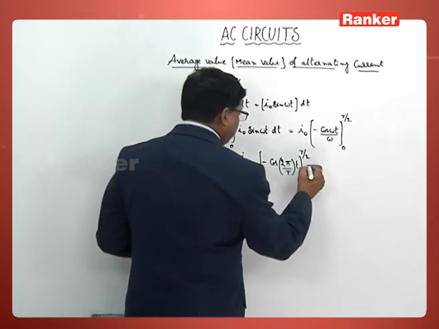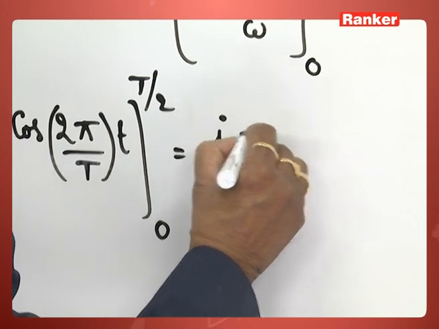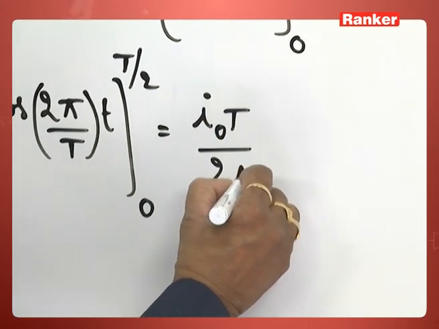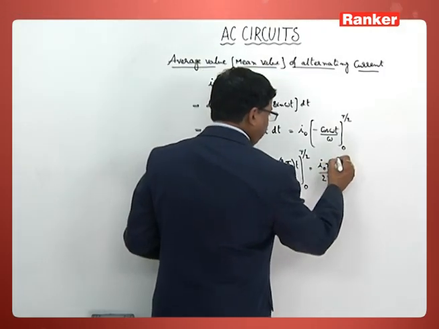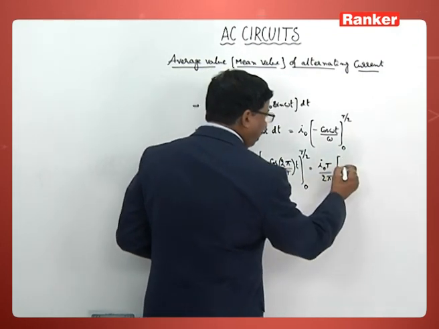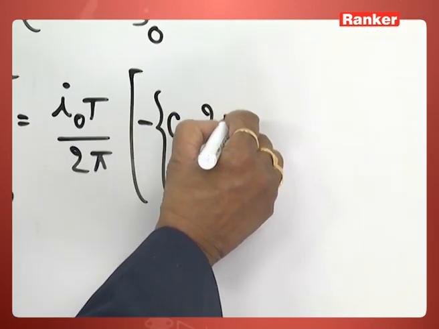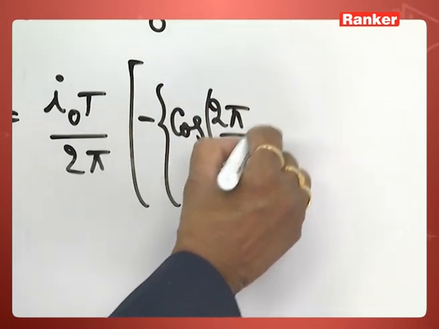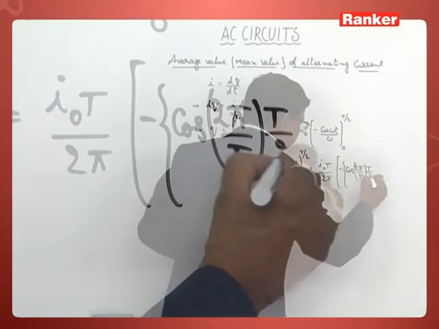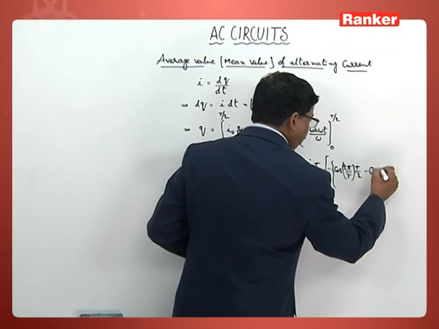So you can rewrite the same equation this way now: I naught T by 2 pi into minus of cos of 2 pi by T into T by 2 minus cos 0.